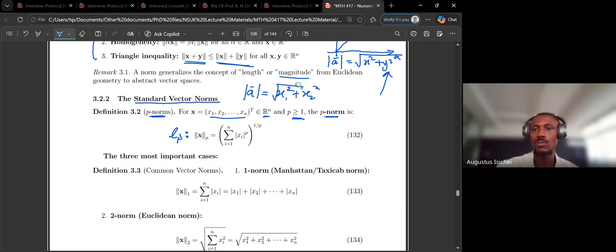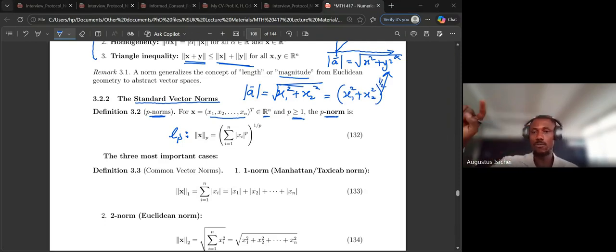This is the same thing as saying x1 squared plus x2 squared, all raised to the power of 1 by 2. True, of course, according to the indices, the square root of any term is like writing that term to the power of 1 by 2. Do you agree with me, please?